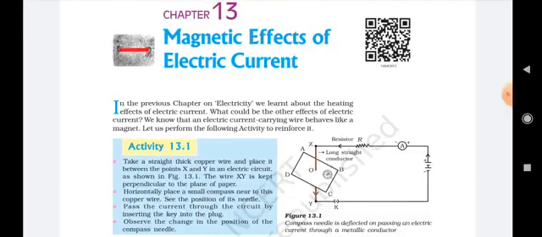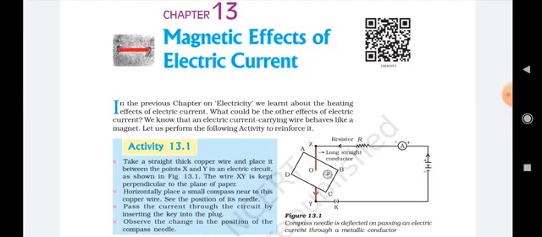In this chapter we will understand that electric current and magnetism are synonymous to each other. It means both of them are dependent on each other.